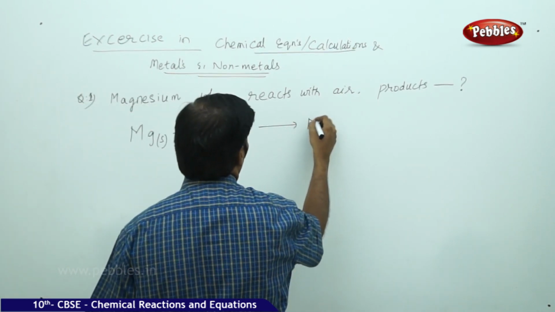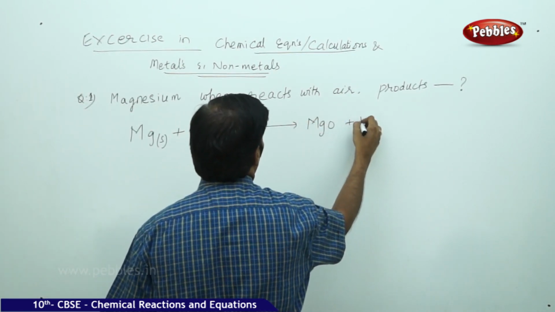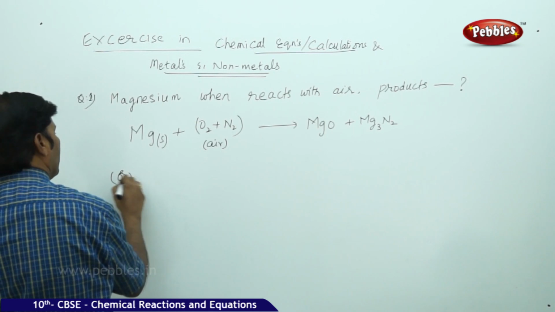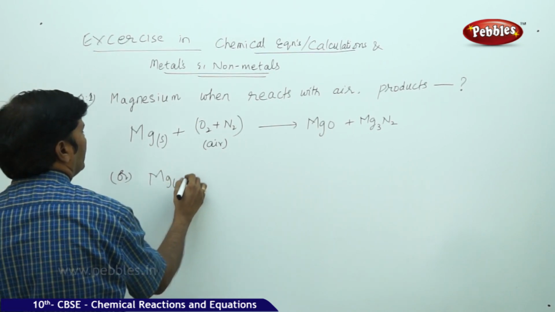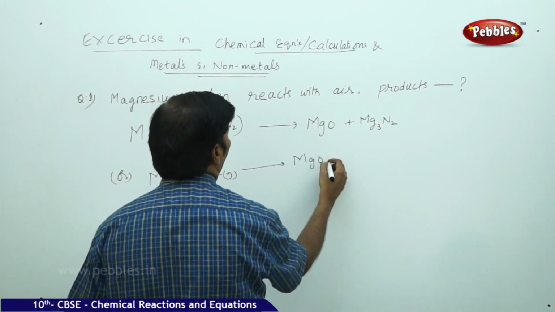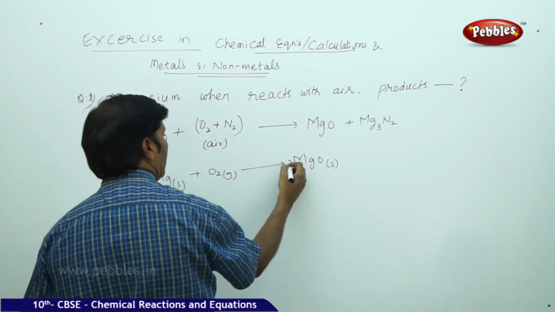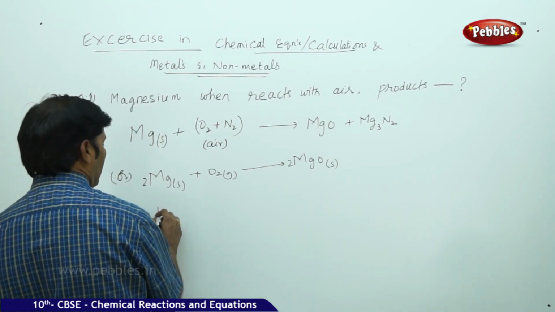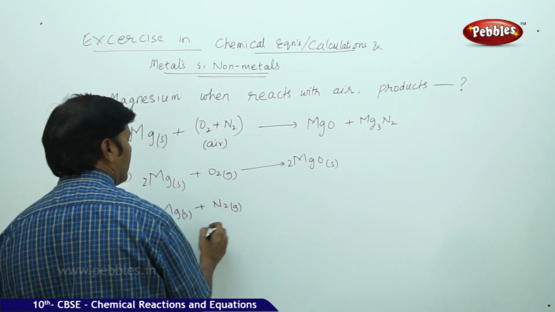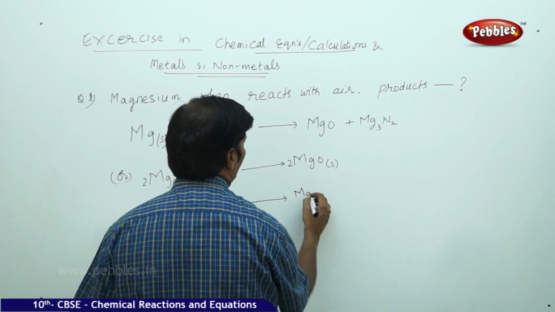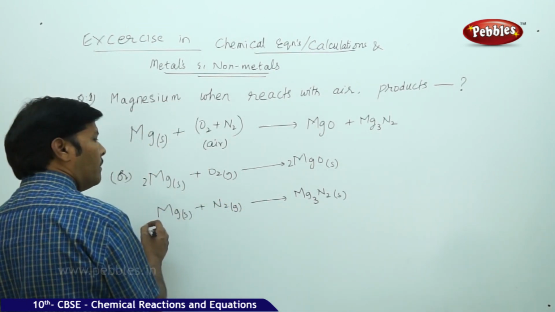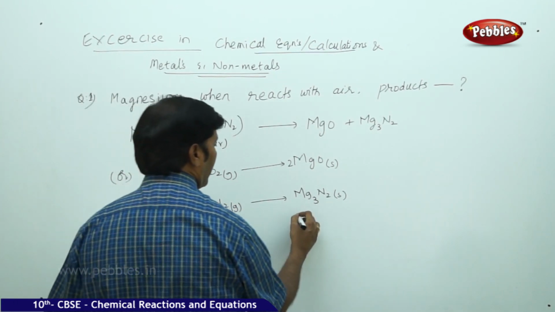So there is a possibility for it to give both magnesium oxide plus magnesium nitride, Mg3N2. Or the same reaction you can write as magnesium solid plus oxygen gas gives rise to magnesium oxide solid. Balance the equation: take 2 over here, take 2 over here. And magnesium solid plus nitrogen gas gives rise to Mg3N2 solid, magnesium nitride. Balance the equation: take 3 over here. This is magnesium nitride.